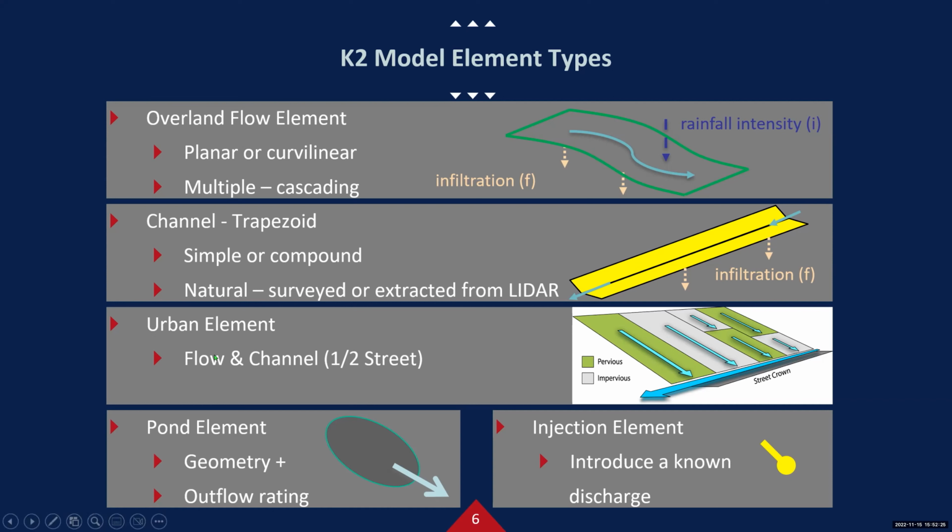We've got an urban element, and this basically turns an overland flow plain into segments, and where you have pervious area running off into a street, or you have impervious area, and you have the combinations of impervious, like a roof, flowing onto the front yard and then onto the street, or the other combination of impervious to pervious.